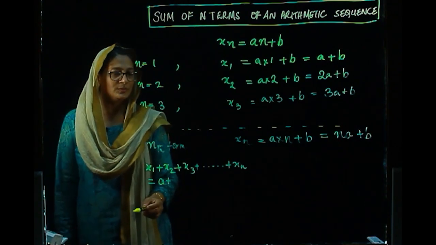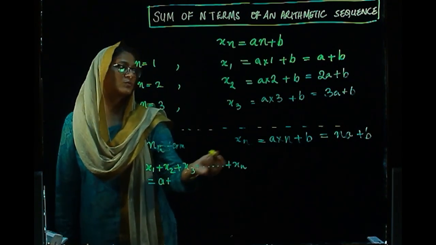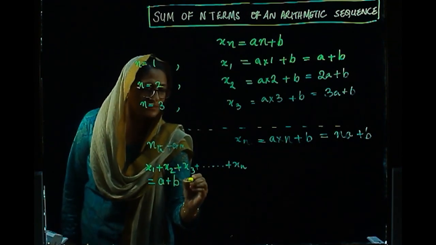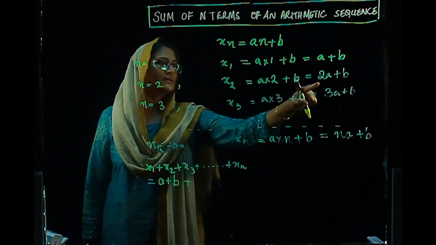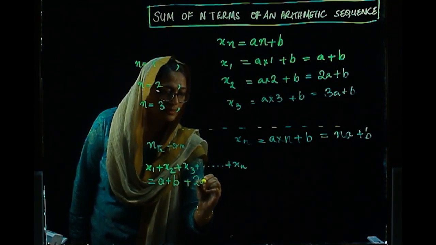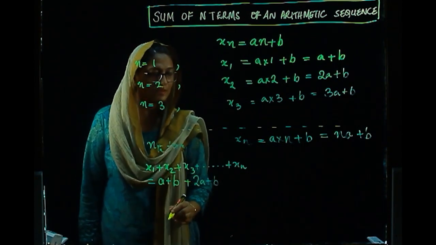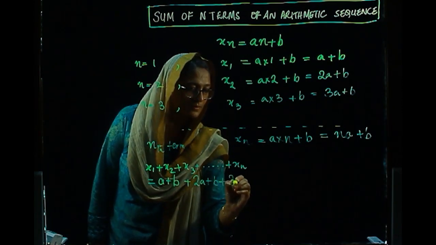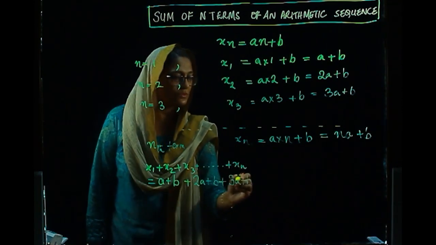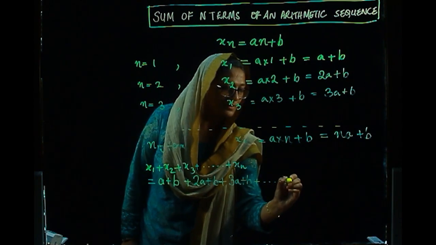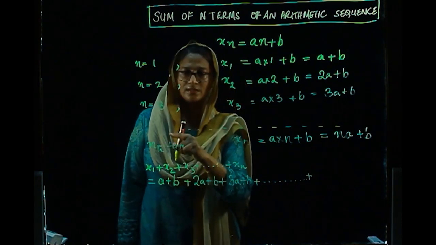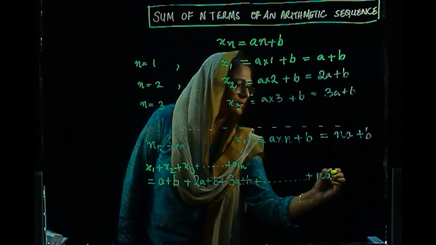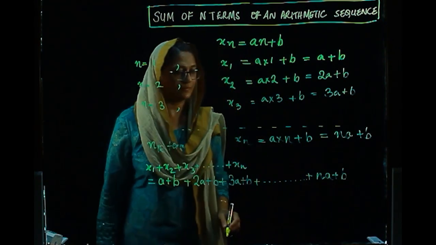That is equal to the first term x1, a plus b, plus x2, the second term, 2a plus b. Then x3 is 3a plus b, which goes on like that. And finally we have the last term xn, the nth term, na plus b.